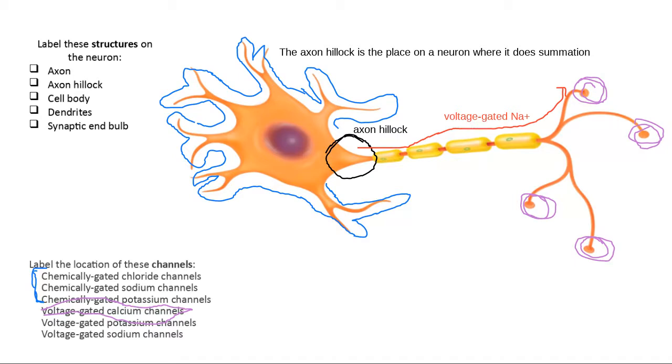So the last thing we're going to add to our picture here of the neuron are those voltage-gated potassium channels in all the same places as our voltage-gated sodium channels are, because their job is to repolarize the membrane after we've changed it completely, after we've completely freaked it out.